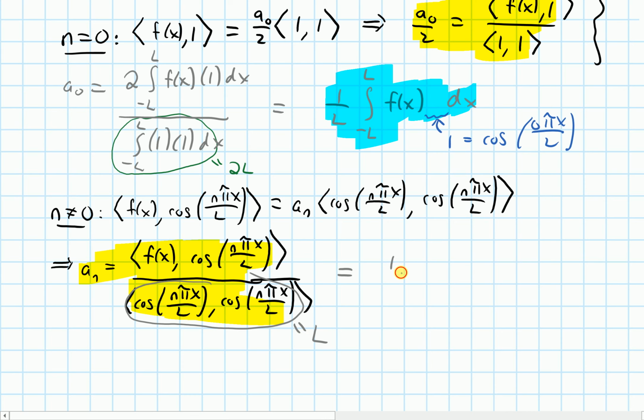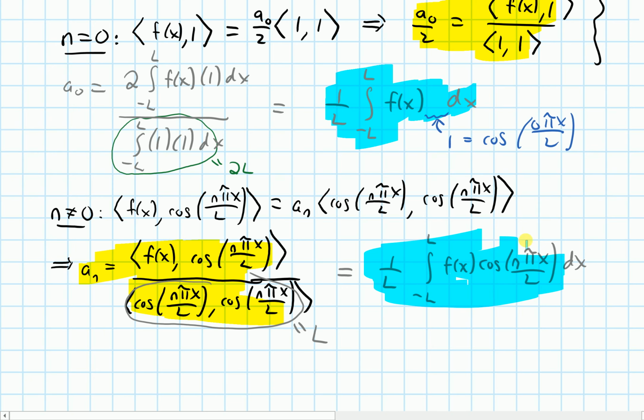So I'll write that as 1 over L in front of the integral on top, which is from negative L to positive L of f of x times cosine of n pi x over L dx. So let's highlight this as well. So this is the formula that it says in the book when n is not 0 for what a sub n is.